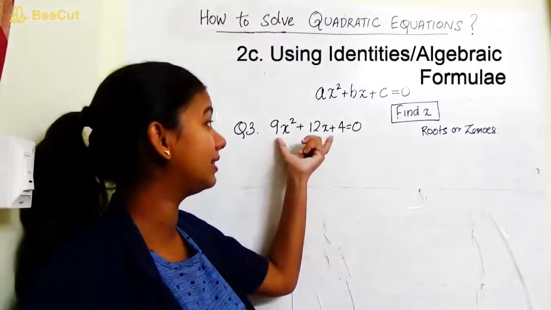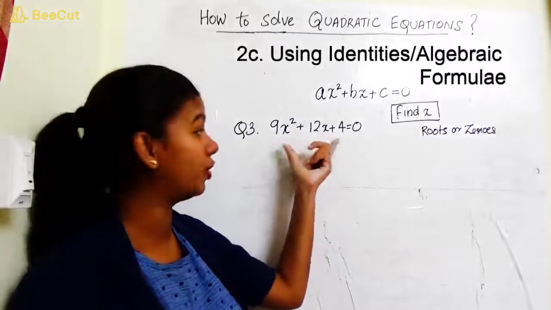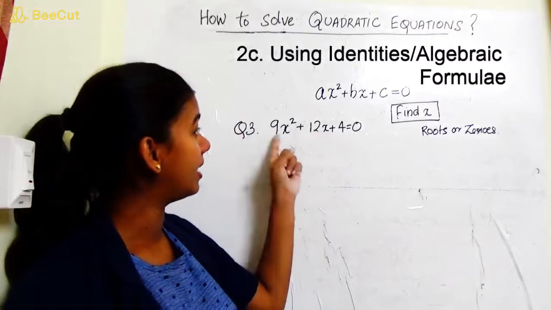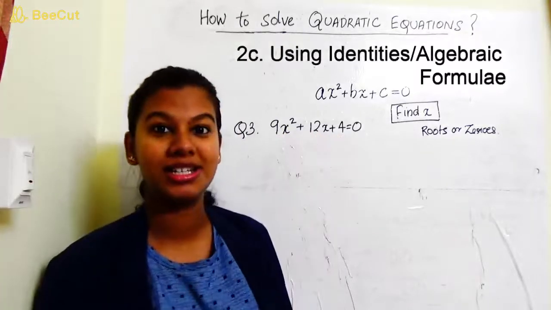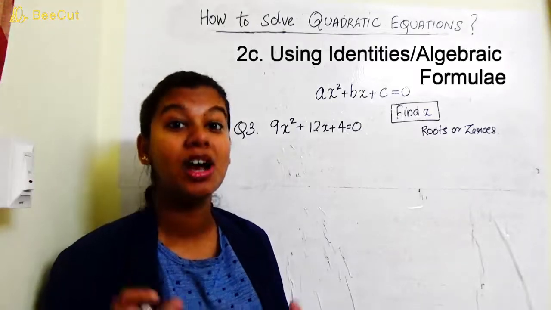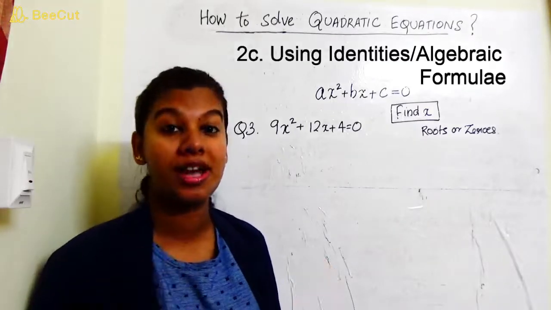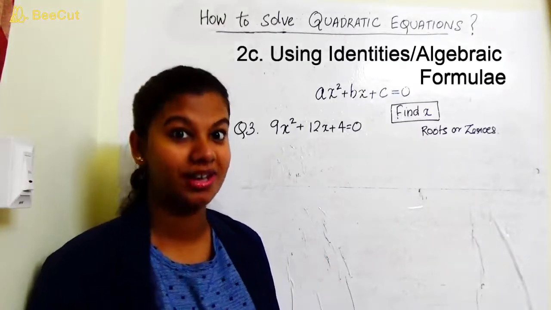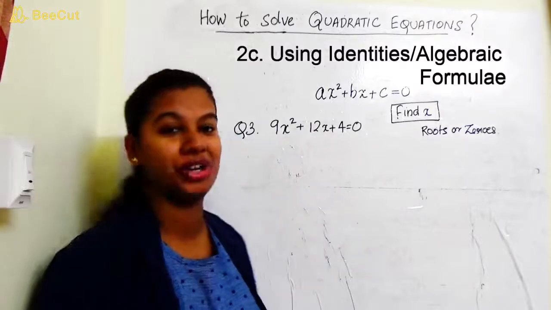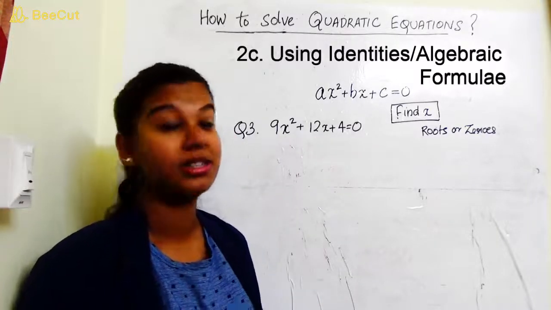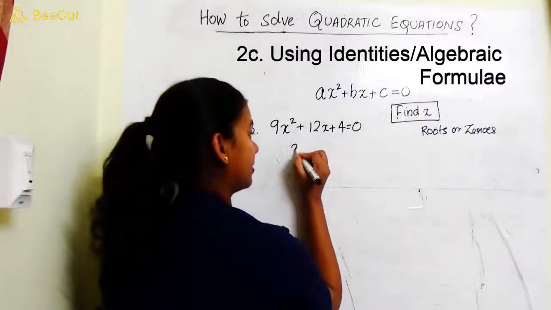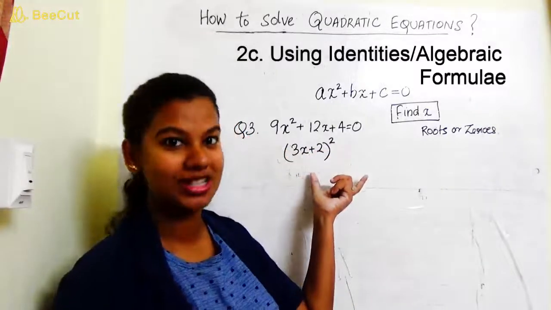Now in this quadratic equation, you consider this polynomial 9x square plus 12x plus 4. It follows the identity or the basic algebraic formula a square plus 2ab plus b square. I have solved the same polynomial in my previous video and I got the answer as 3x plus 2 whole square.